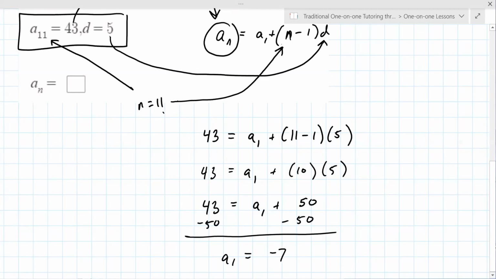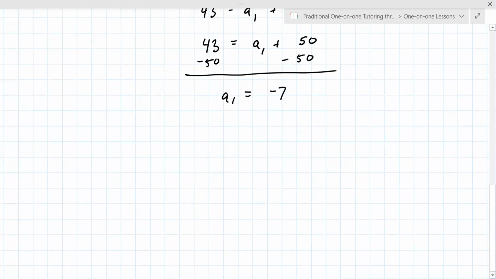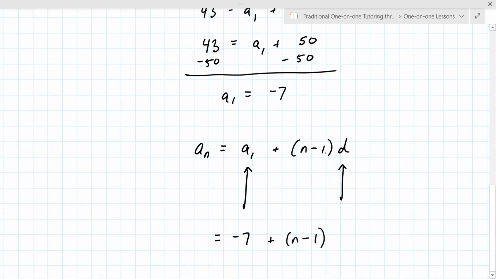Okay, now this is more involved. There's much more to do here. The formula again is an equals a1 plus parentheses n minus 1 times d. You have to find a1 and you have to find d. That's required. Now your a1 is -7. You just calculated that. N is the variable, so the variable always exists. And from the problem, d is 5.